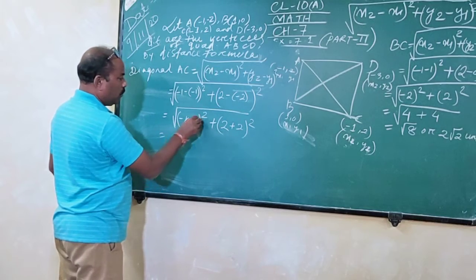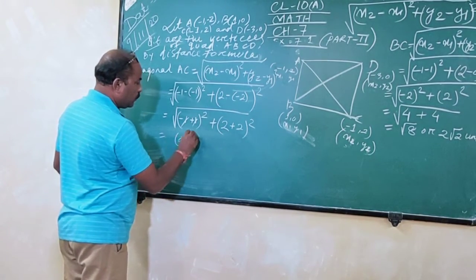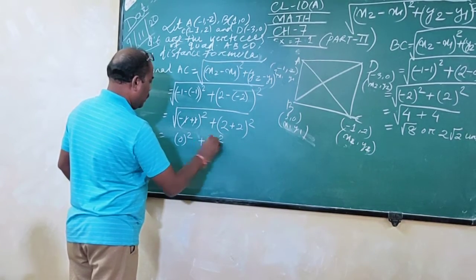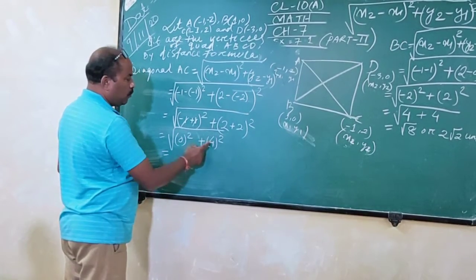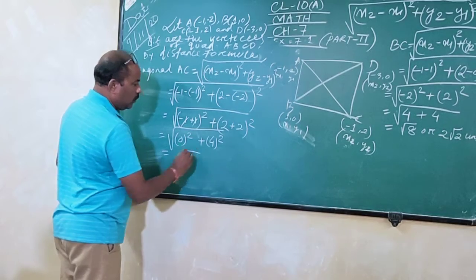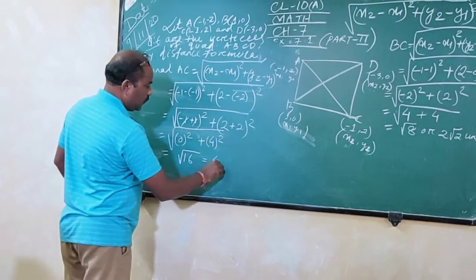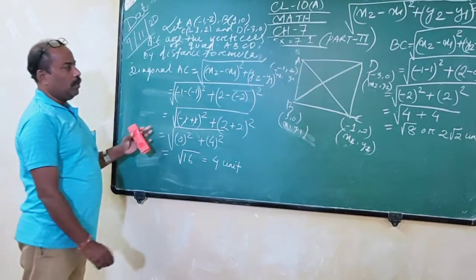Minus 1 plus 1 cancels, so 0 whole square plus 2 plus 2 equal to 4 whole square, under root. 0 square is 0, no need to write, plus 4 square equal to 16, under root. 16 under root is how much? 4 units. One diagonal we have got.